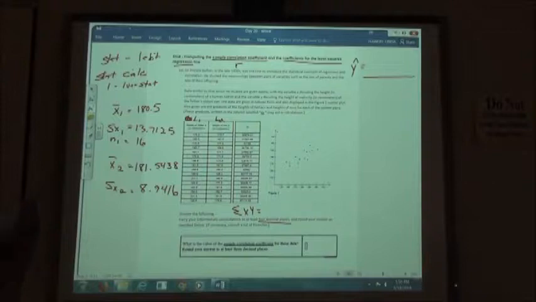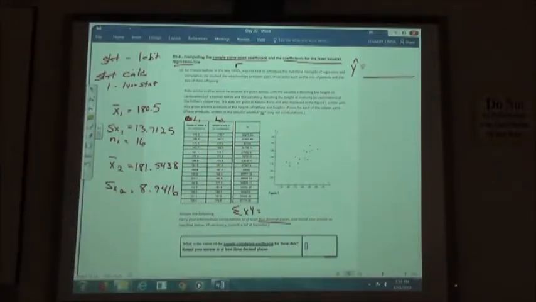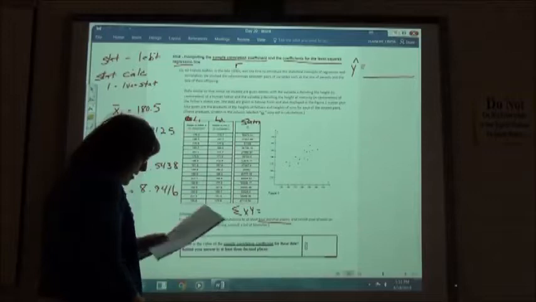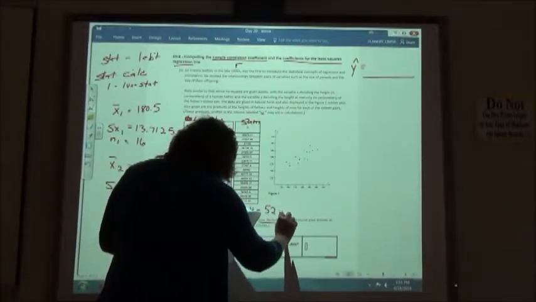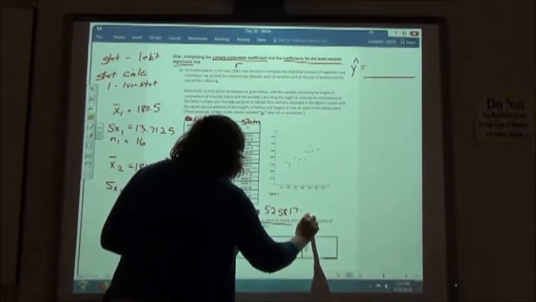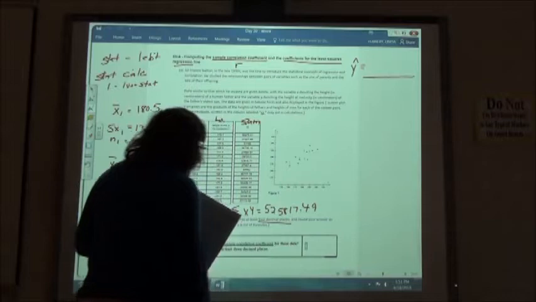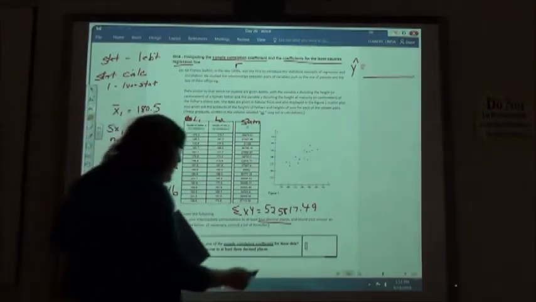I already have done it, so I'm not going to wait a whole bunch of time for you to do your adding. But if you add all those numbers in the XY column, finding the sum of this column, you should come up with 525,817.49.